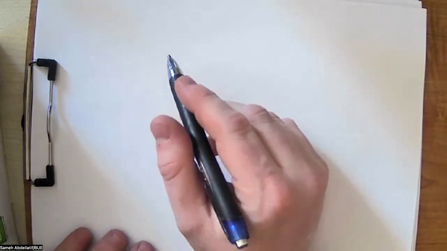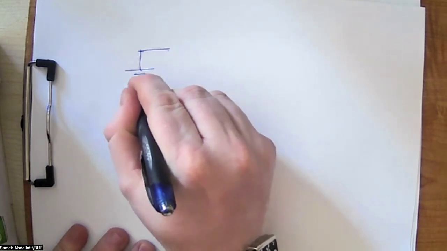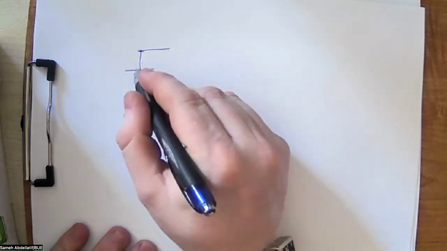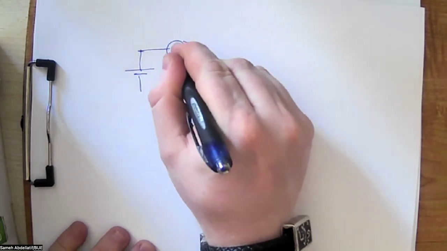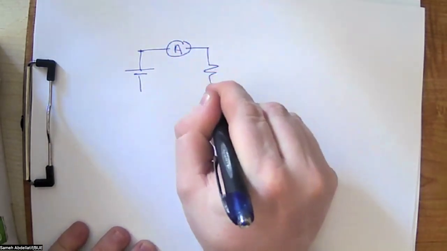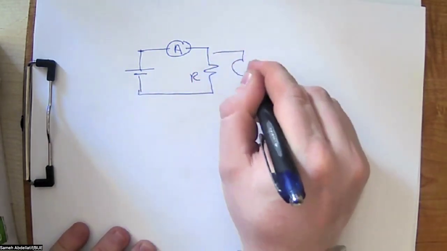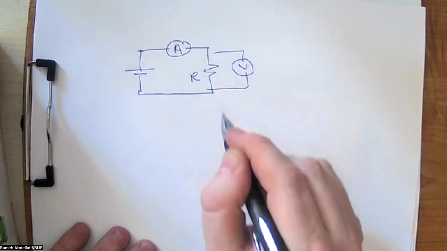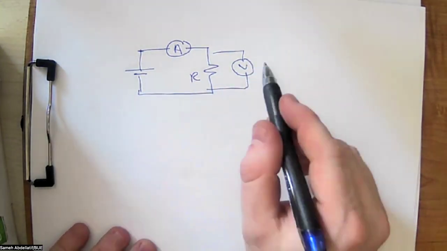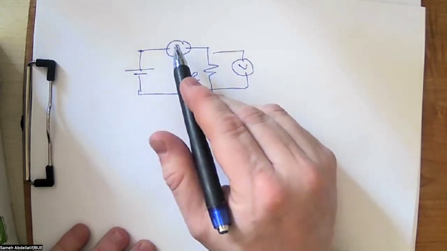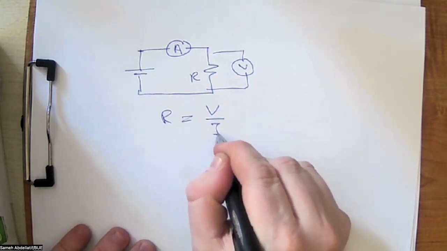You go to the lab and put a voltage source, for example, and then an ammeter in series, then you have a resistance here, and a voltmeter in parallel. So you say, my dear student, okay, I will measure voltage here, I will measure current here, and then resistance equals voltage over current.